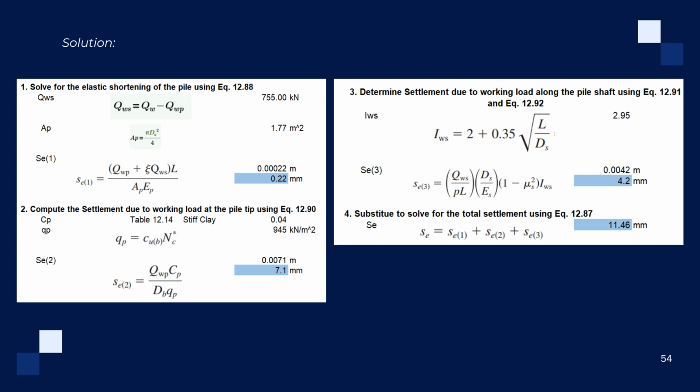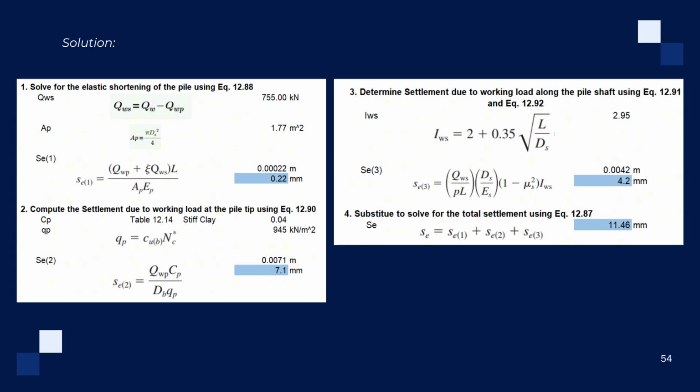And then you will determine the settlement due to the working load along the pile shaft using equation 12.91 and equation 12.92, where the IWS is equal to 2 plus 0.35 square root of L all over DS, which gives a result of 2.91.